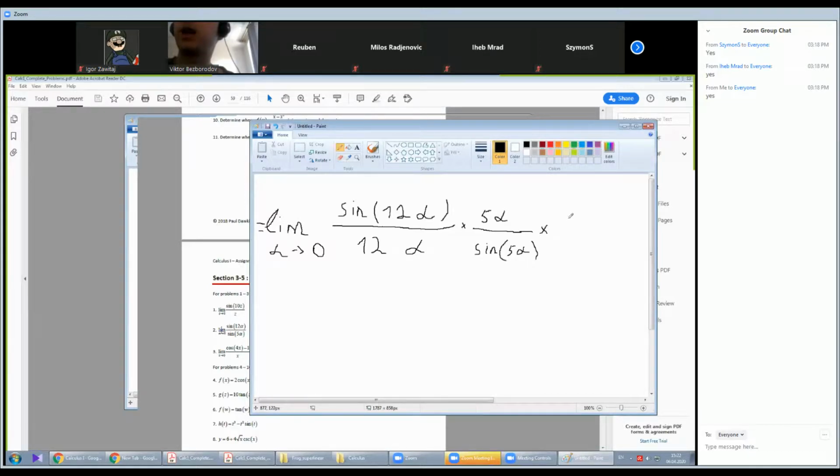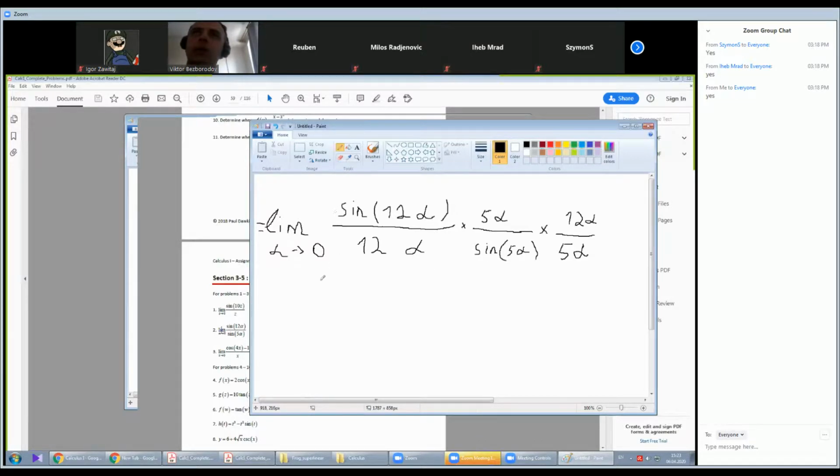Then we still have 12 alpha divided by 5 alpha. So I just multiplied by 12 alpha and divided by 5 alpha, so no change is made to the expression.